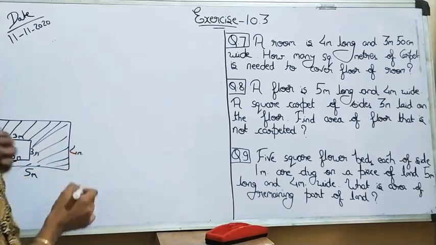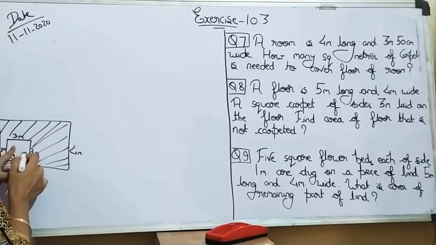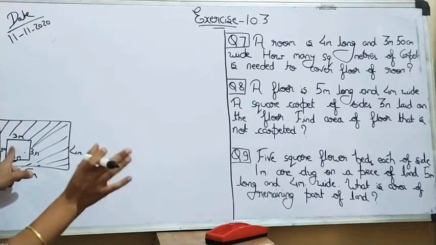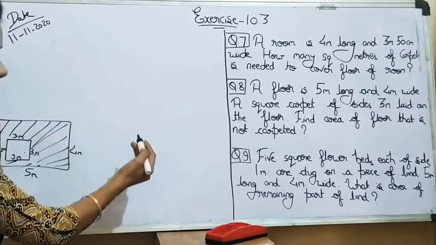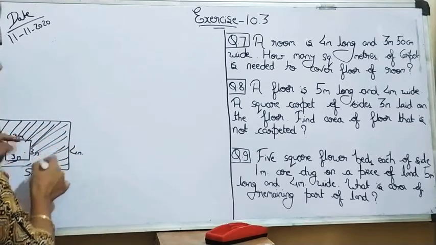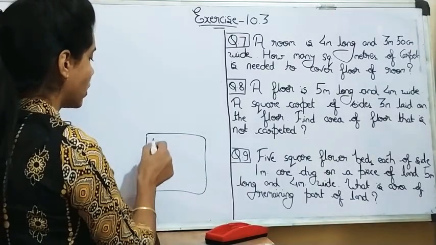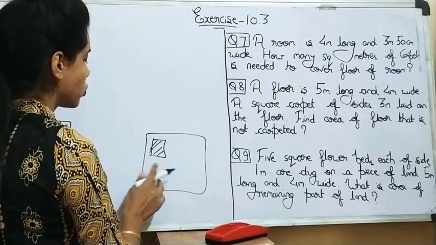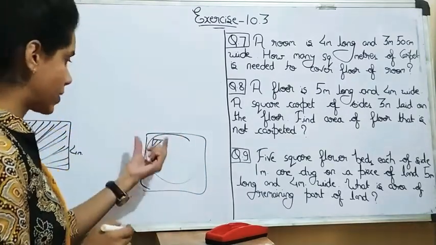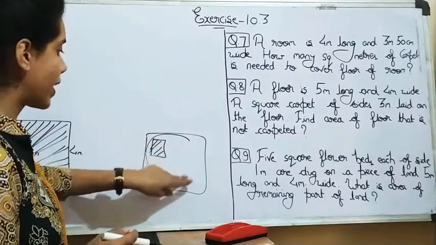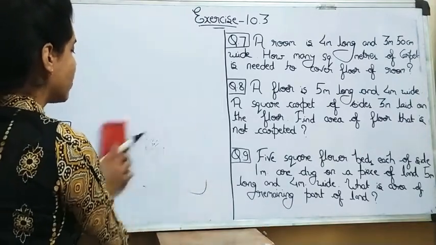If we find the area of the whole floor and the area of this small carpet, and subtract the small area from the bigger one, we will get the area of the remaining portion. In this way we will solve this question.